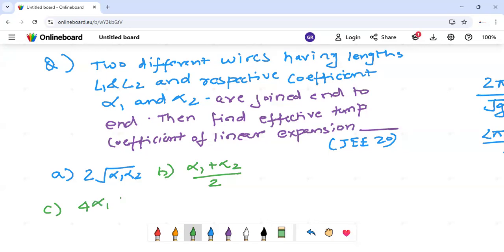The effective temperature coefficient means effective coefficient of linear expansion. Yeah, effective coefficient of linear expansion of wire 1 and wire 2 is alpha 1 alpha 2. Sir, what have you written after join?